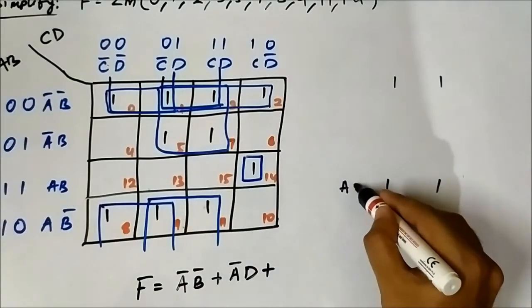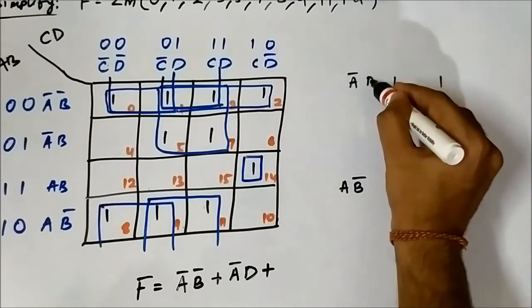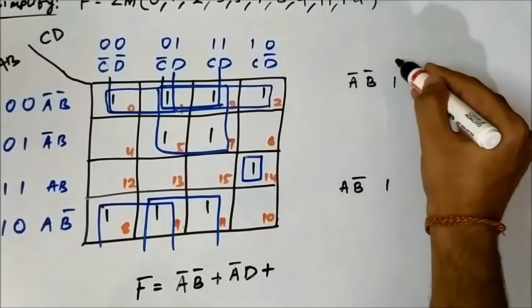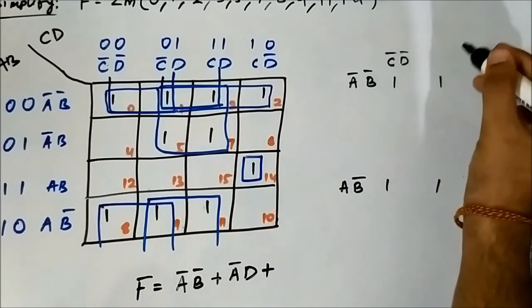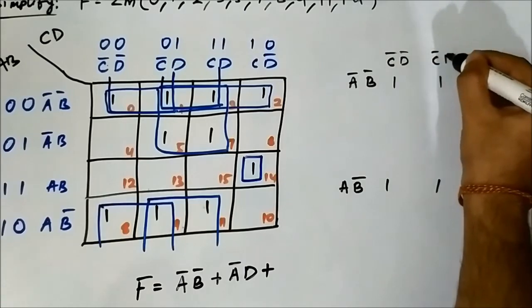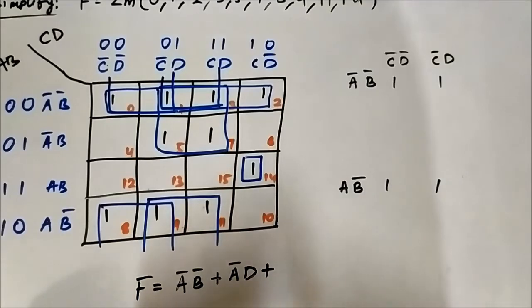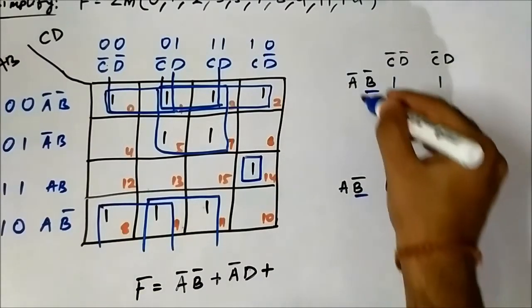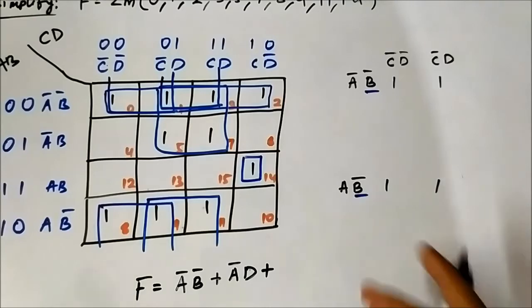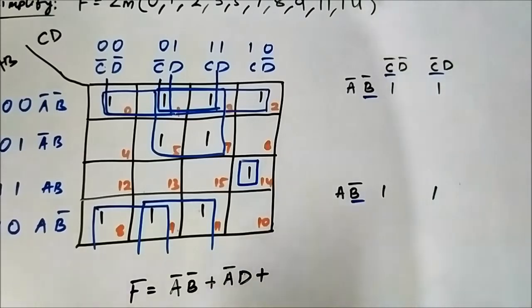So horizontal and vertical components: A B bar, A bar B bar, then C bar D bar, C bar D. Now here in the horizontal side we have B bar common in both the horizontal components, and in the vertical component we have C bar that is common.